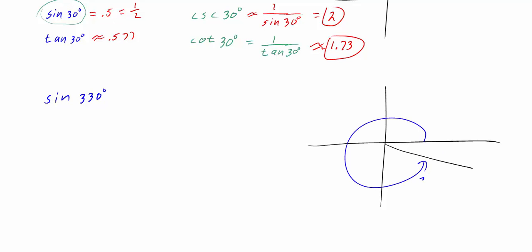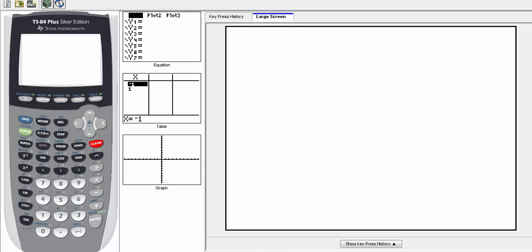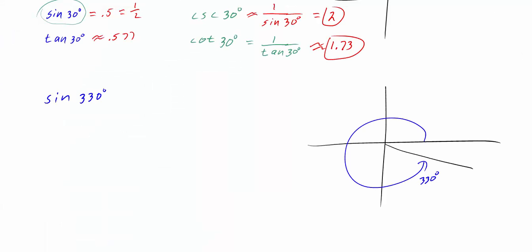So there's our 330 degrees. And what do we get if we take the sine of this angle? Well, if we take the sine of 330 degrees, we get a negative 0.5. So this is equal to a negative 0.5.